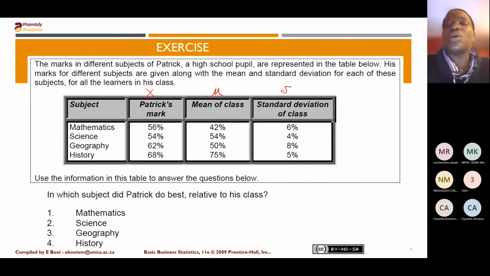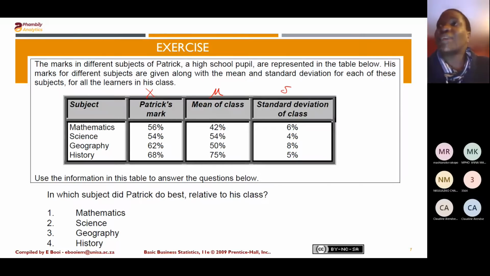So we're going to have to calculate the Z-score and look at the results to say which one is better than the other. Because by looking at only Patrick's score, we can say he performed better in history. But did he perform better in history relative to his class? His class performance is 75% in history.